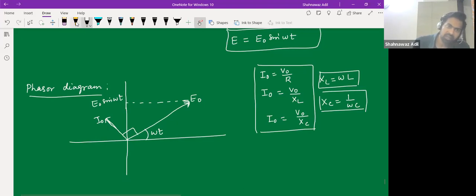And when I drop down to the y-axis, this would give me I naught sine omega t plus pi by 2. So this is the phasor diagram. Any doubt in the phasor diagram? Aisha and Mariam, any doubt?